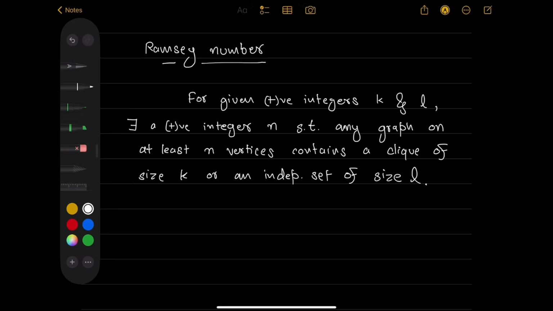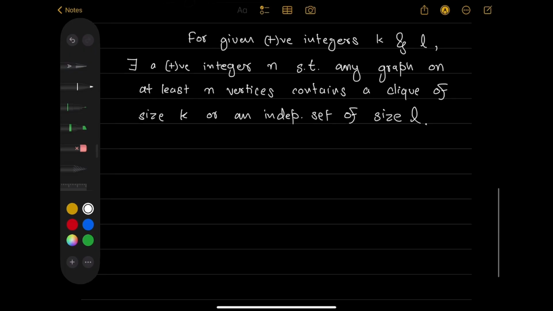So what does that mean? Say you want k equals 9 and l equals 10.